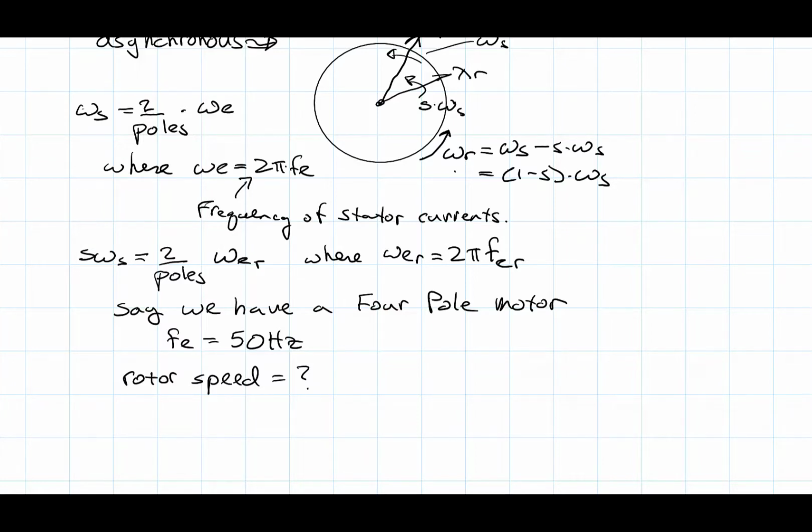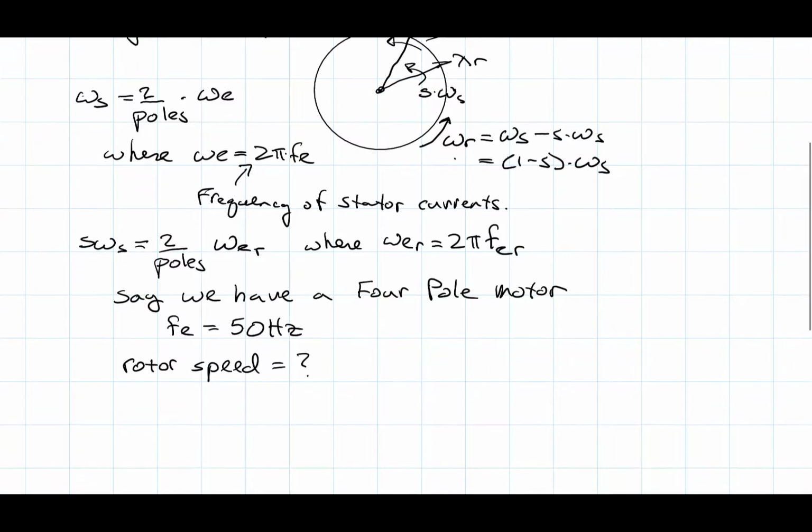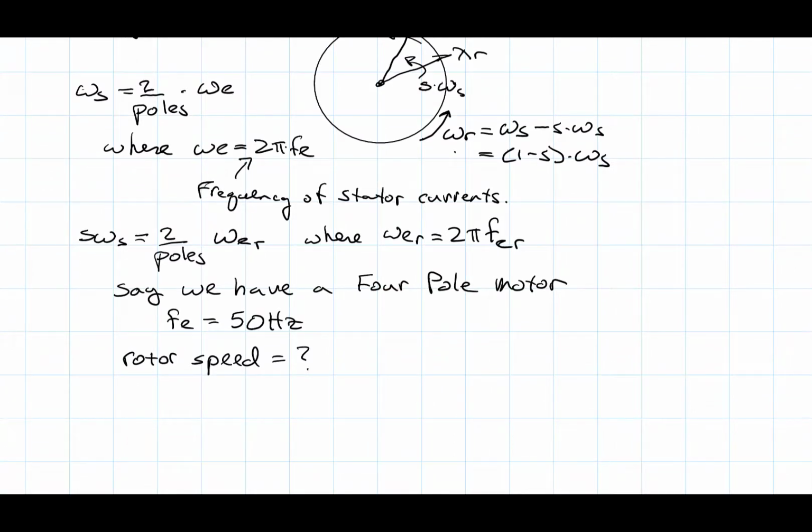Well, let's find the synchronous speed first, and then we can deduce from that what the rotor speed might be or what range the rotor speed might be in. So the synchronous speed, omega s, is going to be 2 over poles times 2 pi times 50.